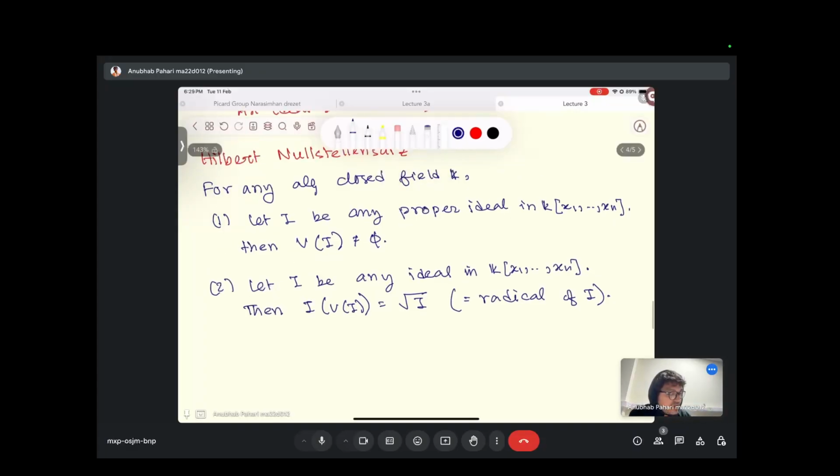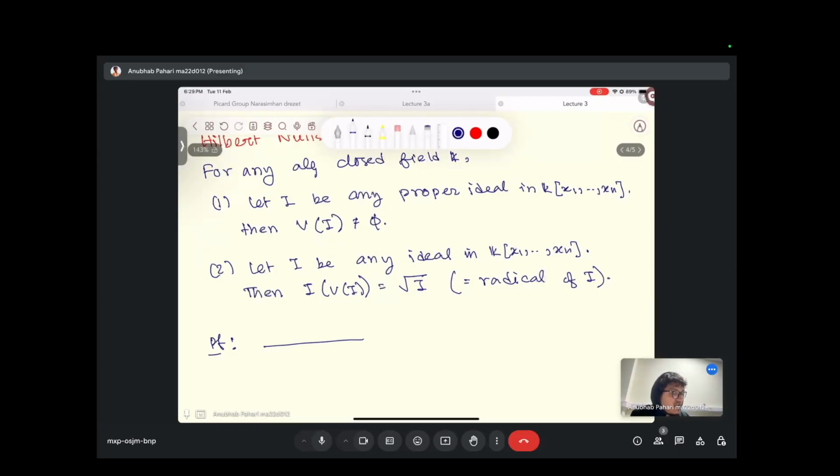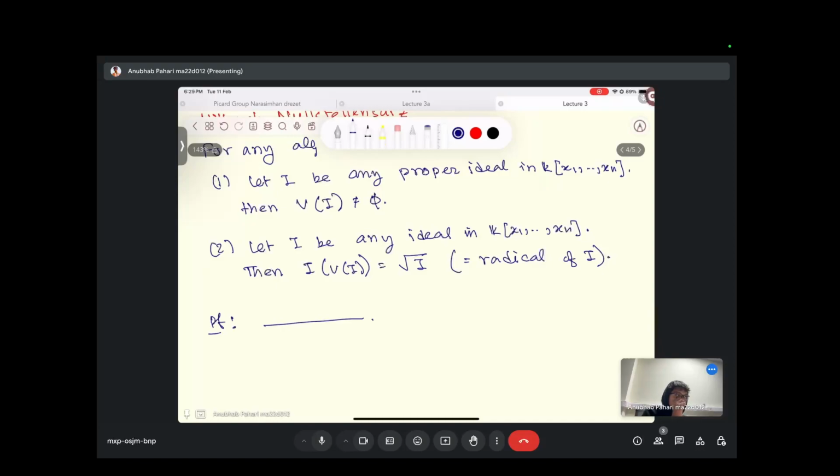Now I will be skipping this proof for now because your professor may do this proof extensively in your next class, but we will be using this theorem to prove some beautiful results that I will be stating now.